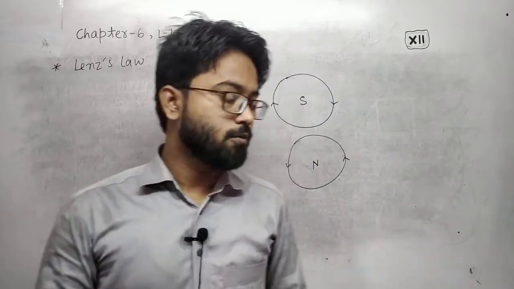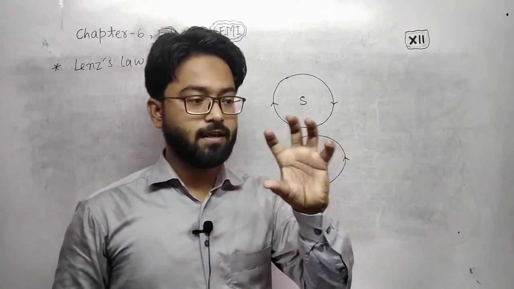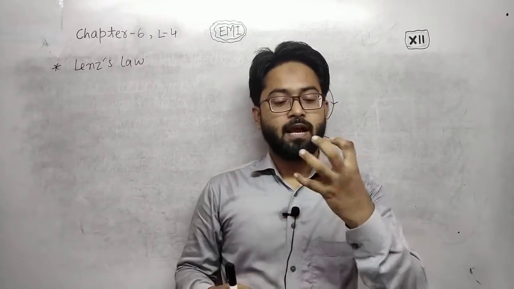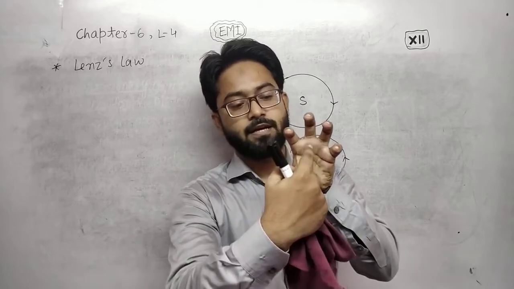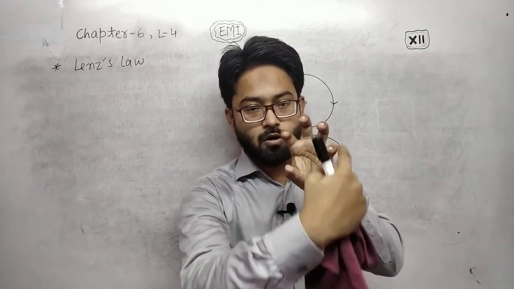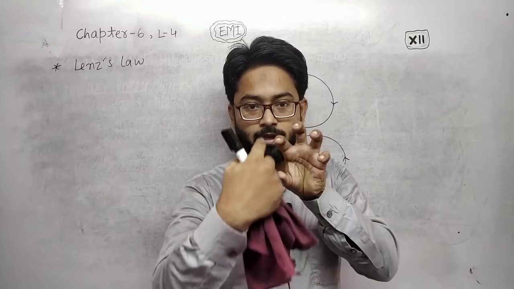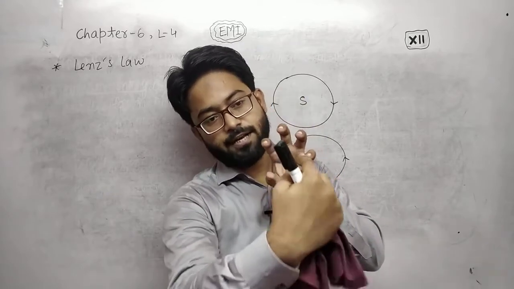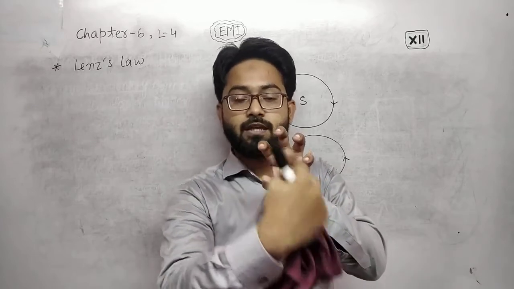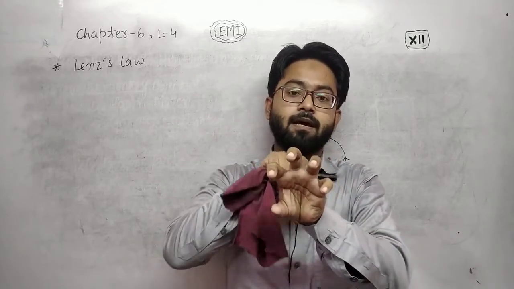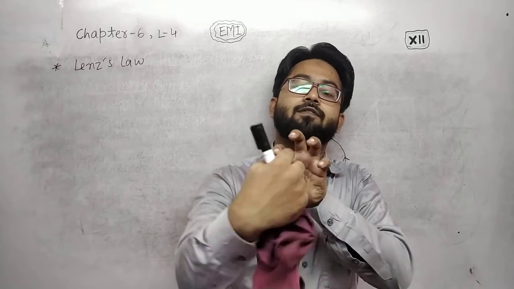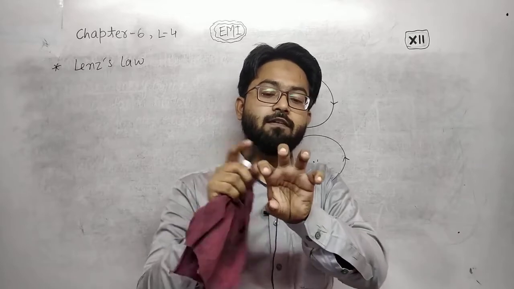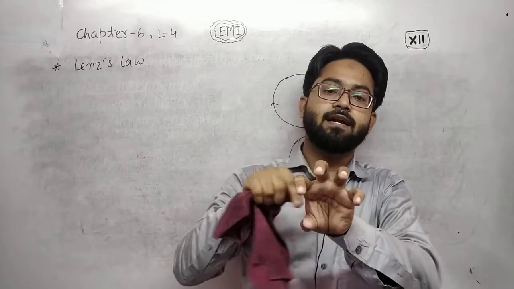Now if you take any coil, let us suppose this is the coil, and you see it from this side, and the current is clockwise. If you see that same coil from the back side, the current will appear anti-clockwise from that direction.